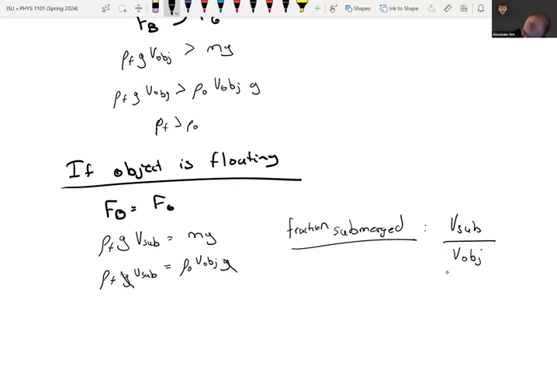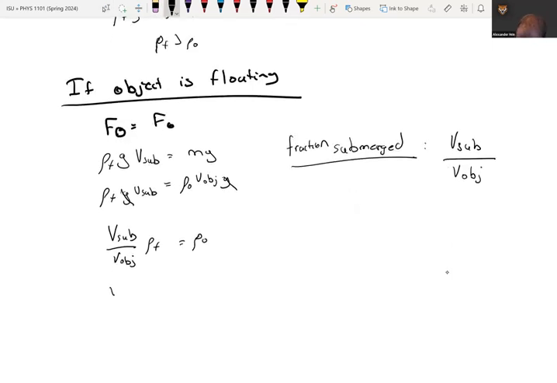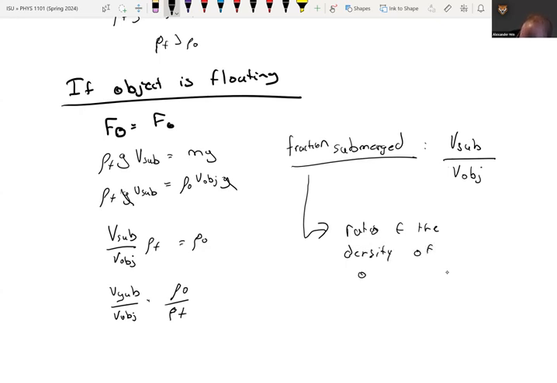But what we can do is divide both sides by V object, and we get V sub over V object times density of the fluid is equal to the density of the object. Moving the densities over, V sub divided by V object is equal to the density of the object over the density of the fluid. So the fraction submerged is going to be the ratio of the density of object to fluid.